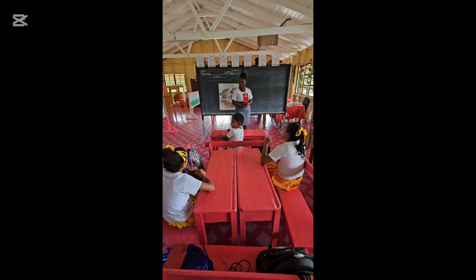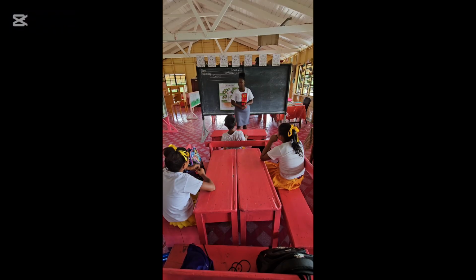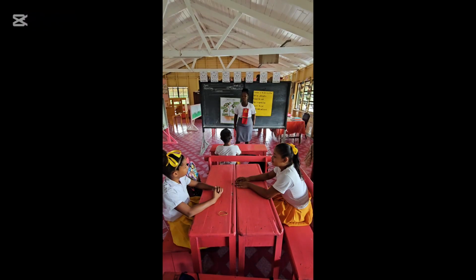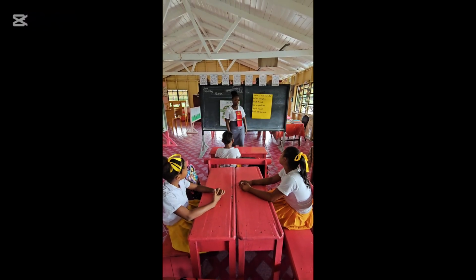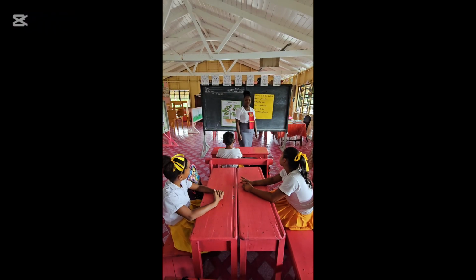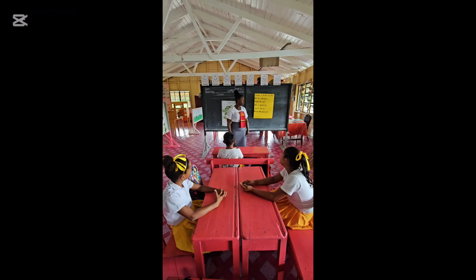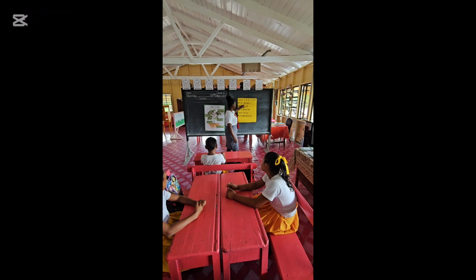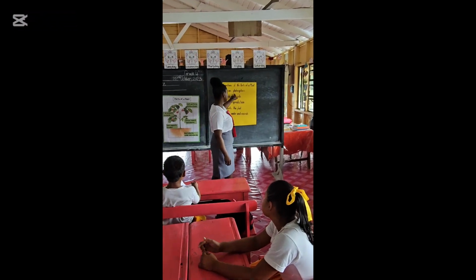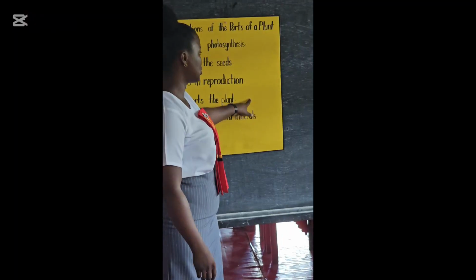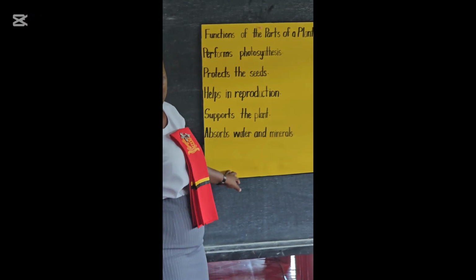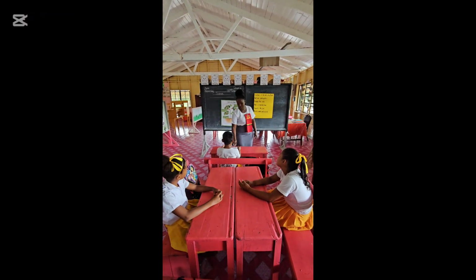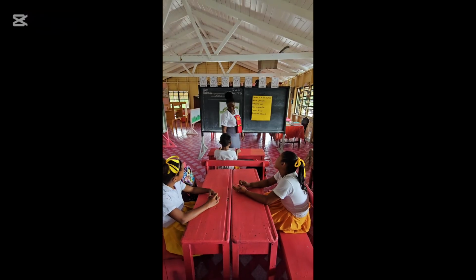So we have a little activity for you to do. For the activities, we have group 1 and we have group 2. For group 1, we are going to match the parts of the plant to its functions. And group 2 is going to color and label the parts of a plant.